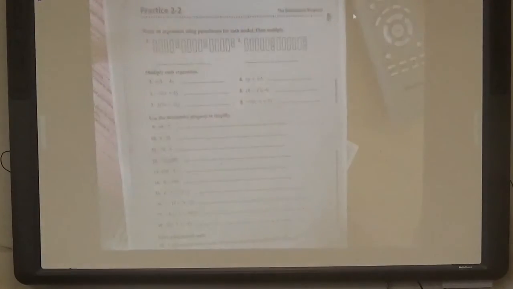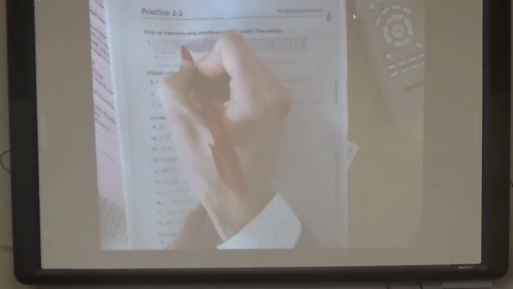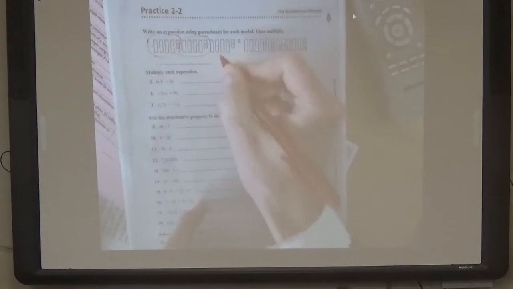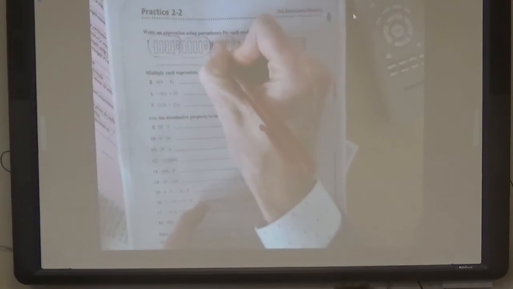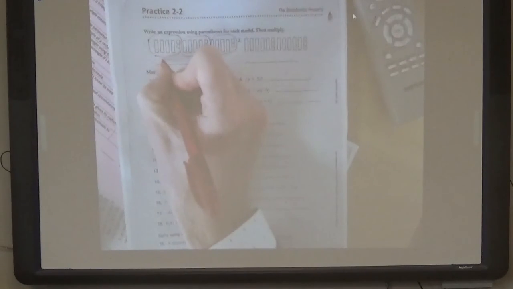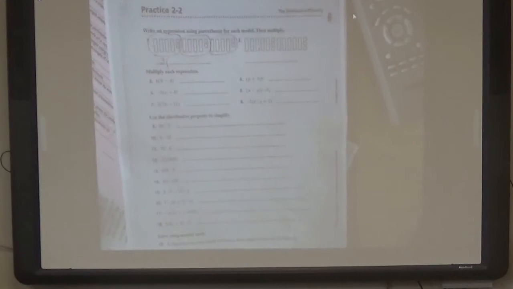All right? Now, what you can do is try to find where the pattern repeats. You'll notice that this group repeats, and this group repeats, and this group repeats. So it's like taking this group and multiplying it by 3, right? So we're multiplying something by 3, 3 times with the parentheses.